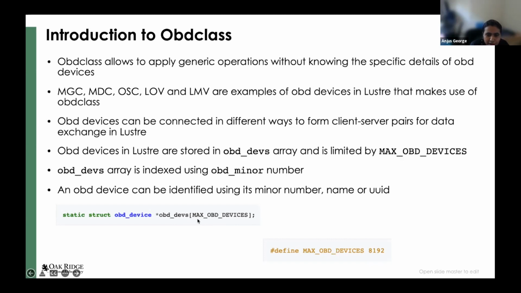An OBD device can be identified using its minor number, name, or UUID. UUID is a unique identifier that Lustre assigns to OBD devices. And the lctl dl utility can be used to view all the local OBD devices and their UUIDs on Lustre clients and Lustre servers.